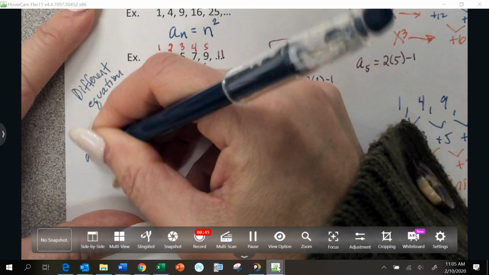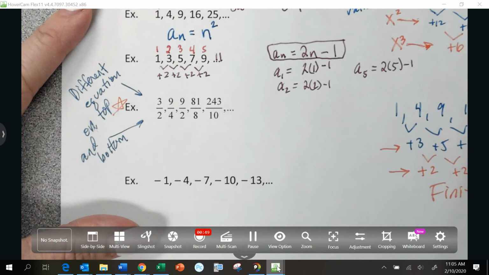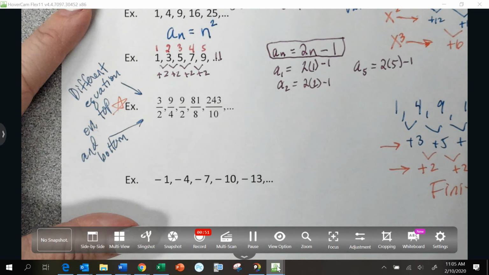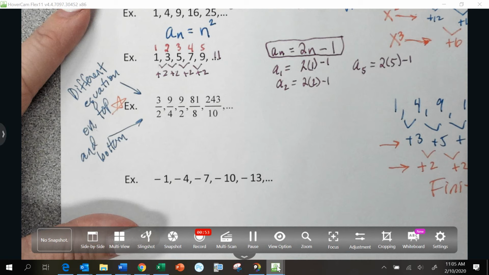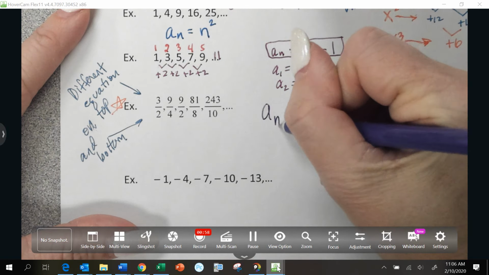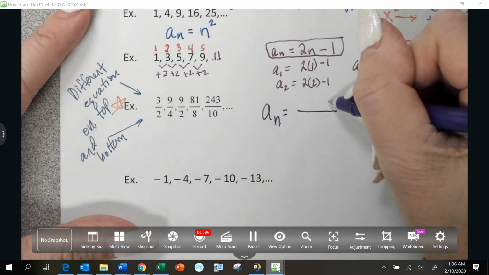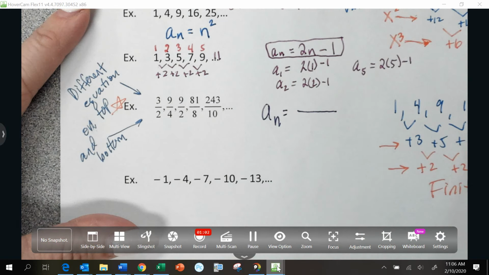We're going to look at it as two completely different equations. It's still going to just be a sub n, but there's going to be an equation on the top and an equation on the bottom.